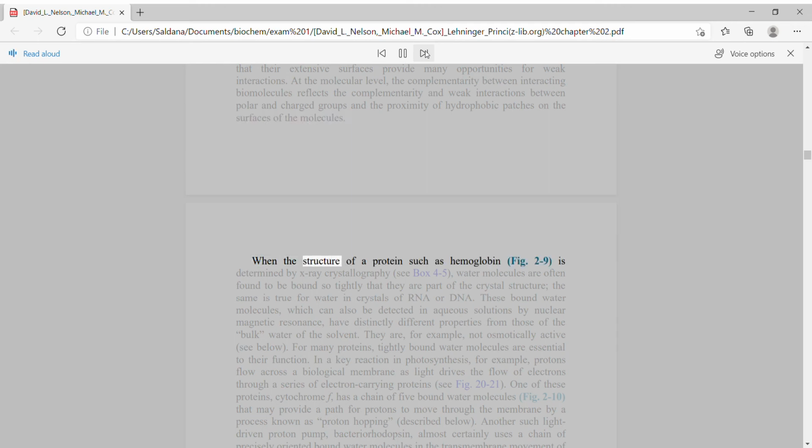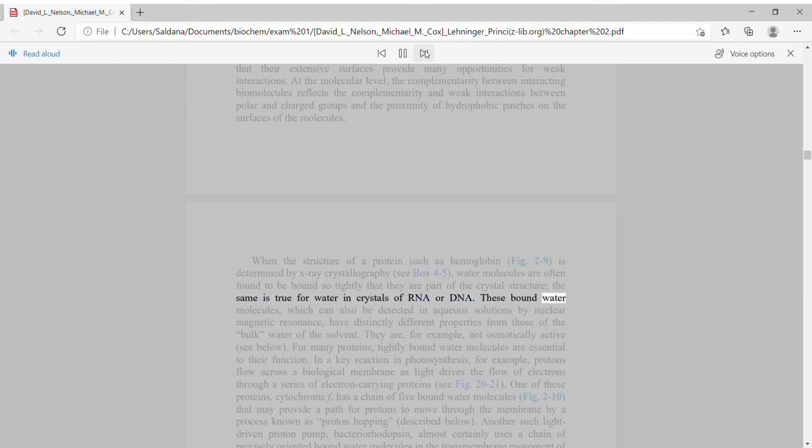When the structure of a protein such as hemoglobin, Fig. 2-9, is determined by X-ray crystallography, see Box 4-5, water molecules are often found to be bound so tightly that they are part of the crystal structure. The same is true for water in crystals of RNA or DNA.